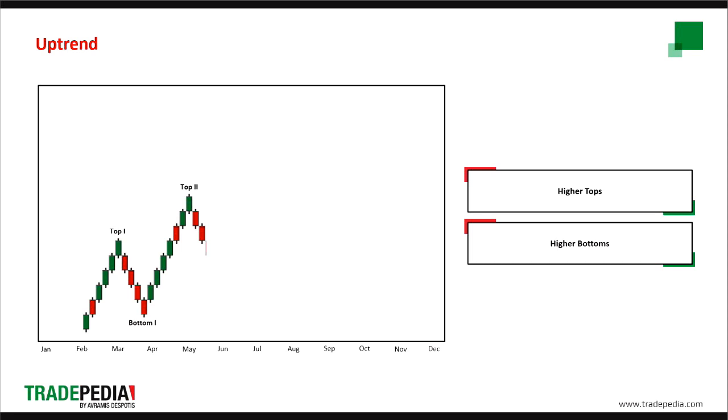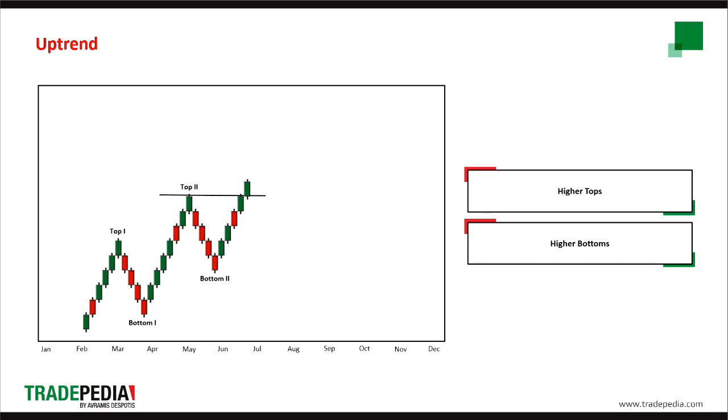However, according to Charles Dow, it is only after I have a top higher than the previous top and another bottom higher than the previous bottom, and only after the break of prices above the second top, that an uptrend is confirmed. This is where I have a confirmed uptrend.